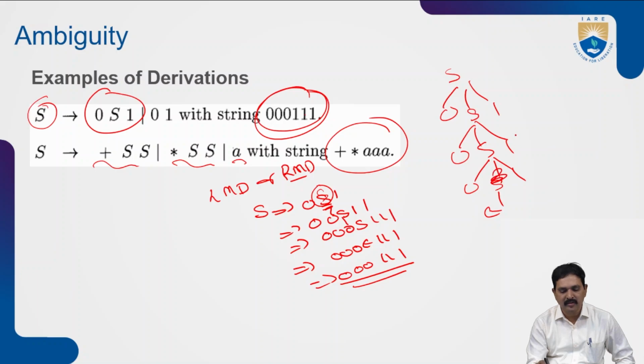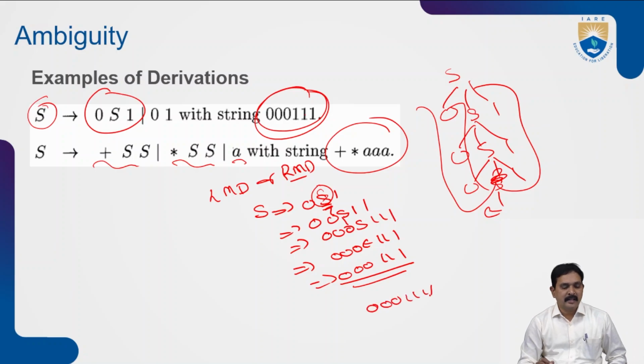Finally you get 0 1, meaning you take all the leaf nodes together, so the string you obtain is 3 zeros and 3 ones. These are examples illustrating the basic idea of LMD and RMD and also parse tree construction.